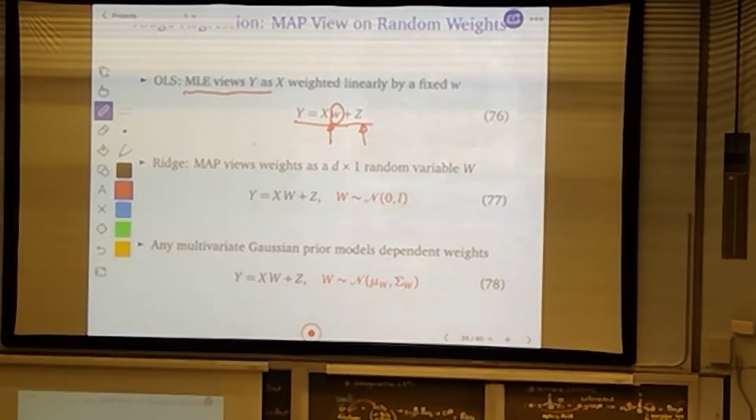In ridge regression, W is considered a random variable. That's why we use uppercase W. We assume W follows some Gaussian distribution.